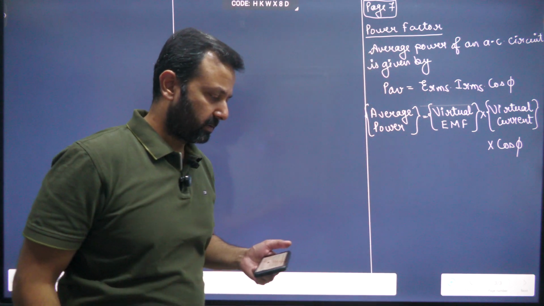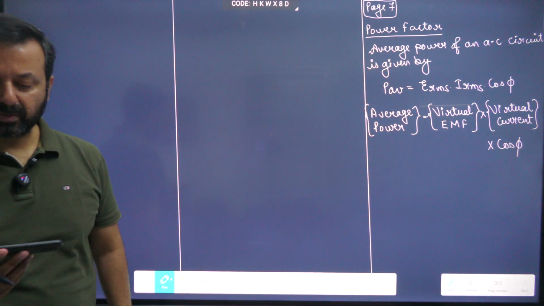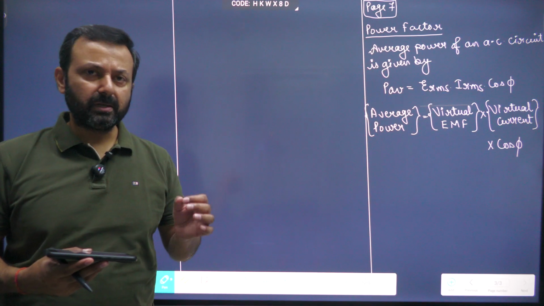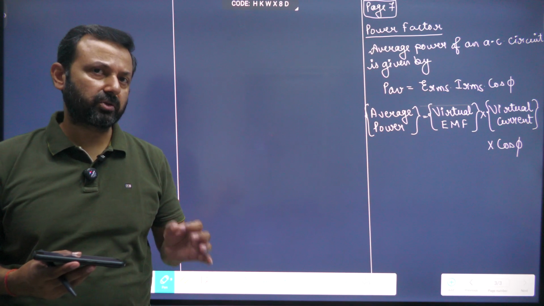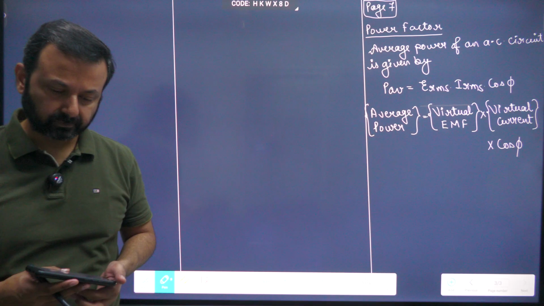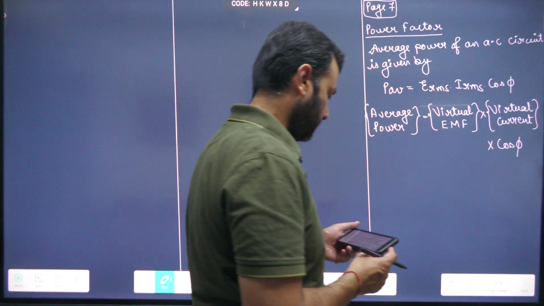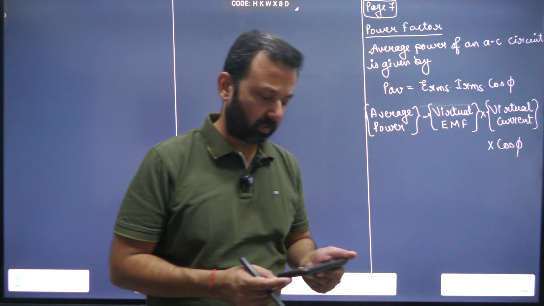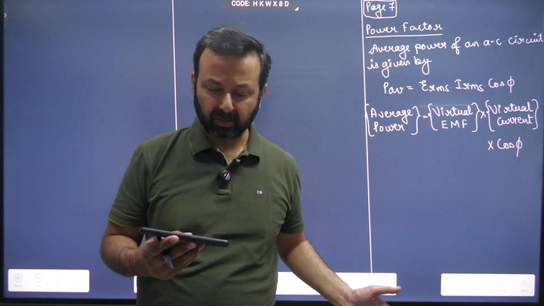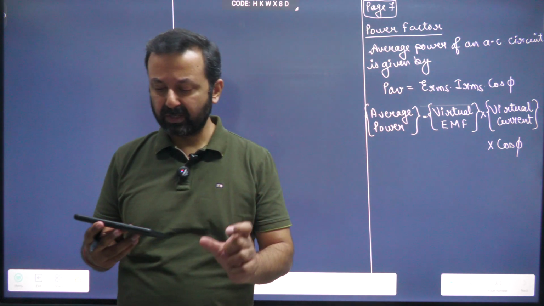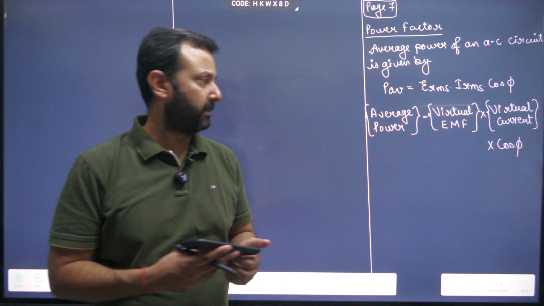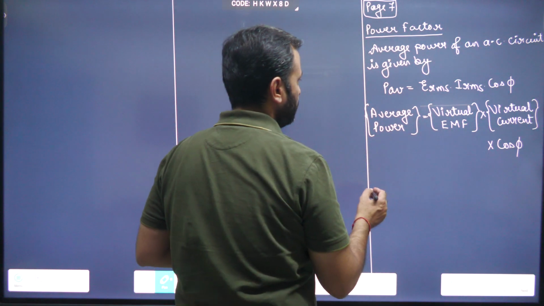The product ERMS dot IRMS does not give the actual power and is called apparent power. It gives actual or true power only when multiplied by the factor cos phi. The factor cos phi is called power factor of an AC circuit, and this average power is called true power.